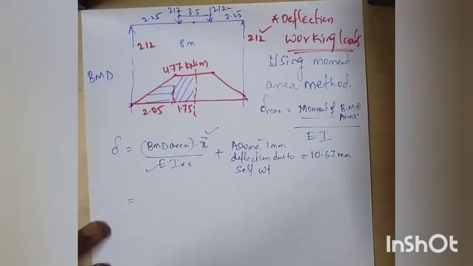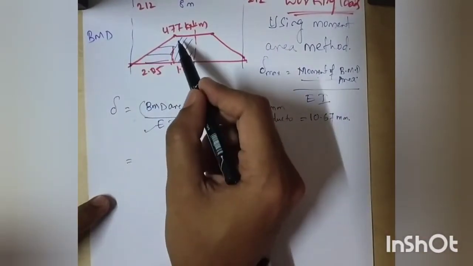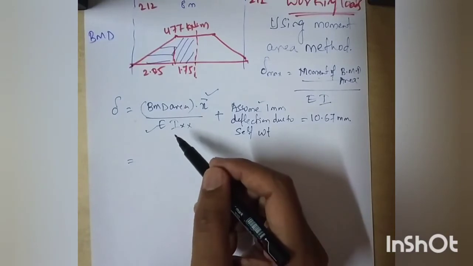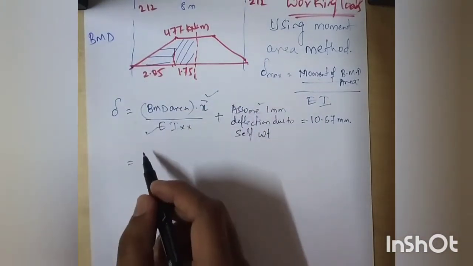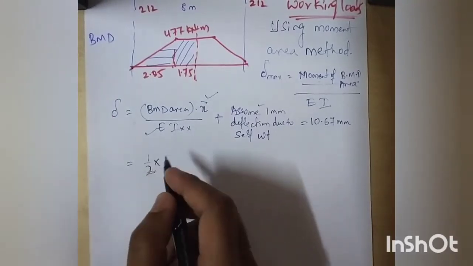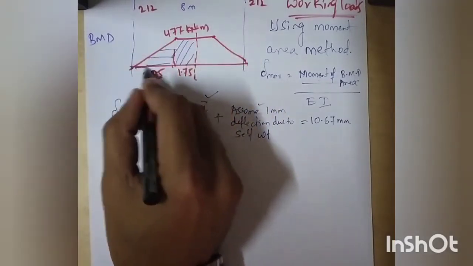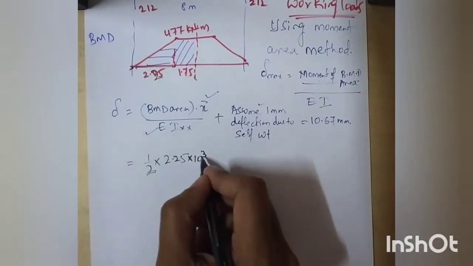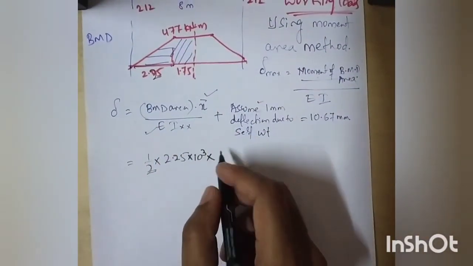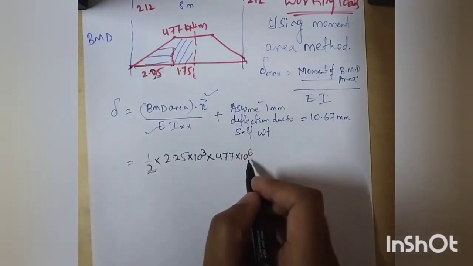So now we'll be calculating the bending moment diagram of the rectangular portion separately and the triangular portion separately. I'll be writing one by one here. The area of the triangle is 1 by 2 into 2.25 into 10 to the power 3, converting to mm, into the moment here, 477 into 10 to the power 6, to convert it to Newton millimeter.